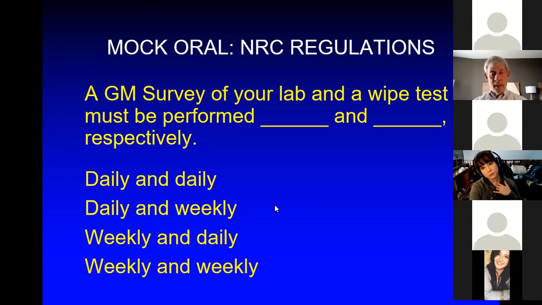What's the most appropriate day to do the wipe test, Monday or Friday? Friday. Friday is certainly the most appropriate day. Monday would be the best day to do it because you're not going to find anything because you probably spilled technetium and that was 60 hours or 48 hours before, and you've gone through 8 or 10 half-lives, so you won't find anything. But Friday, you should be doing it at the end of the week.